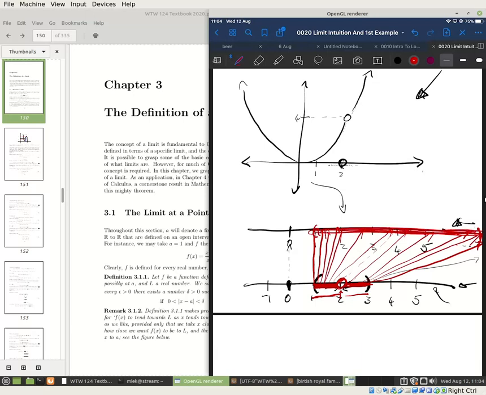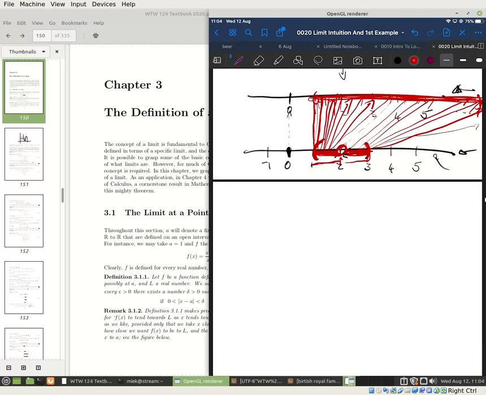So the whole thing is mapped there. Okay. So you can think of we are restricting our view around an interval about 2 and looking where these numbers go.